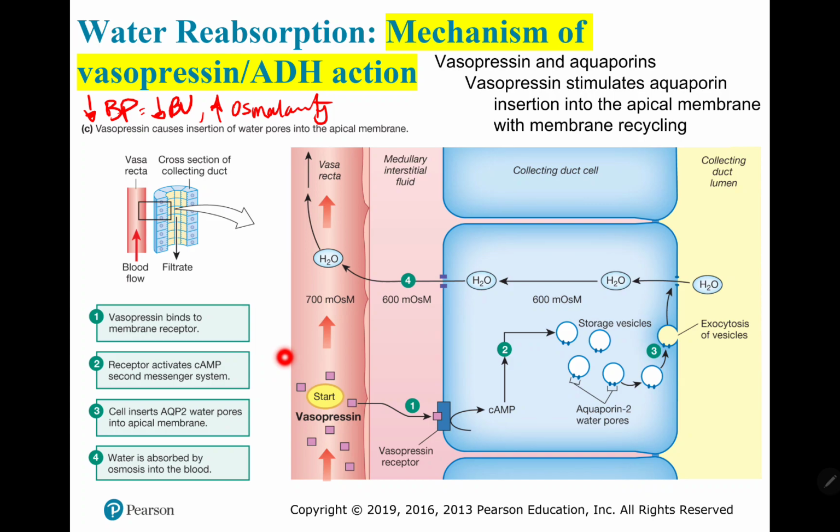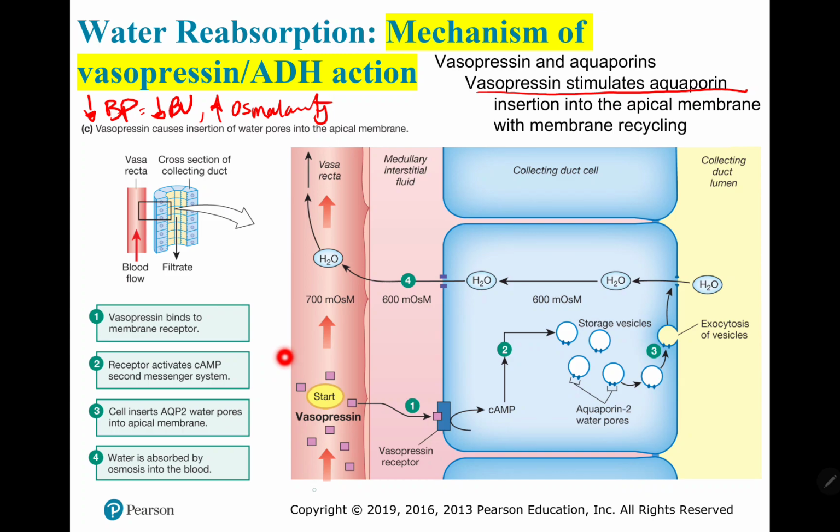And so what it does is it tries to retain fluid. Vasopressin will basically stimulate those aquaporin channels to be inserted in the apical membrane.